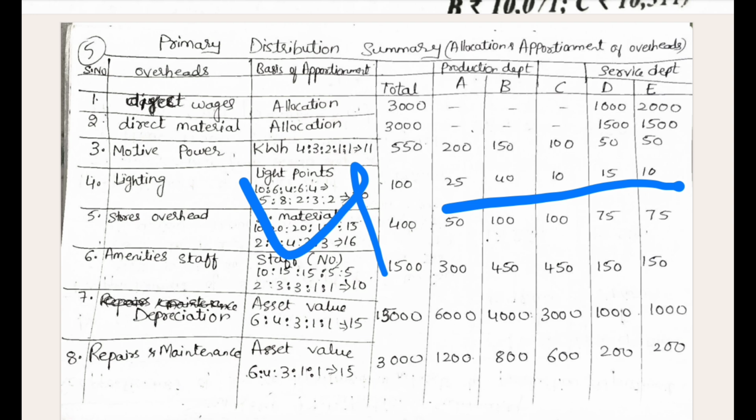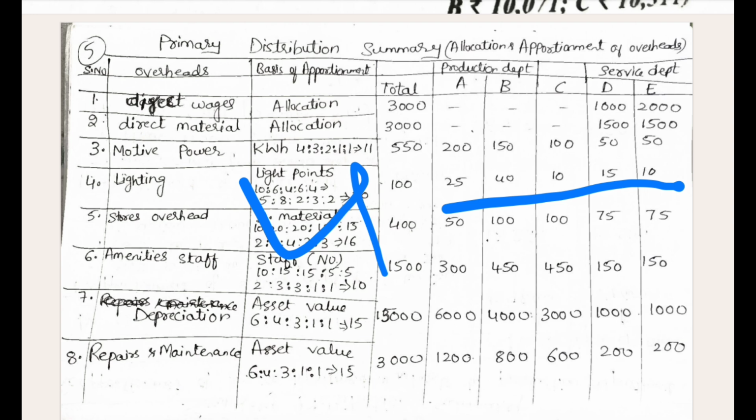This is the allocation. What is the difference between allocation and apportionment? Whenever direct expenses are given for the particular department in the question itself, we call it allocation. For direct wages and direct material, the expenses of each department are given to us.